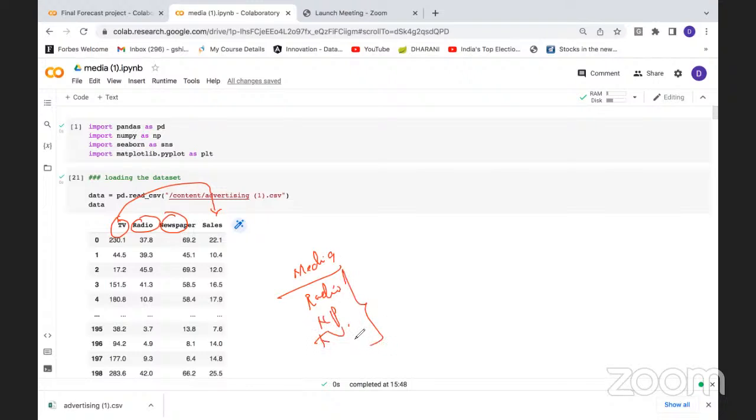If the product is advertised via TV, the budget allocated is 230, whether in lakhs or thousands, and the number of product sales is 22.1. Sales is a continuous value here.